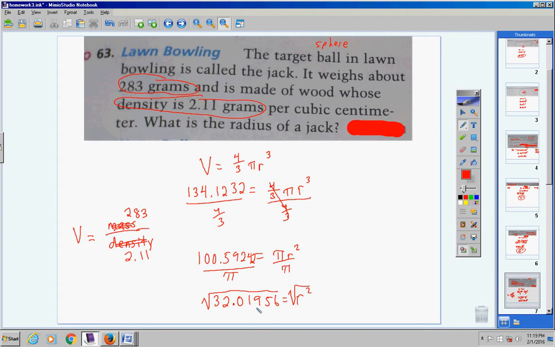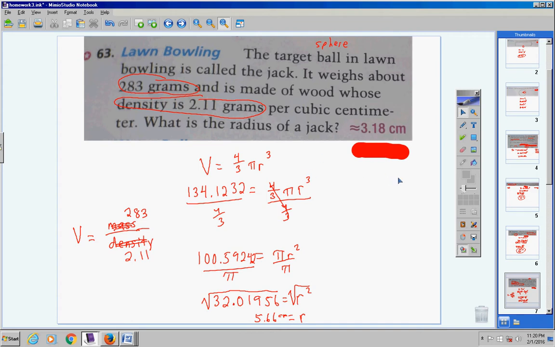By the way, do not put plus minus, because you're dealing with the length of the radius, and a length can never be negative. Now, when you take the square root of r squared, you're left with r, and the square root of this number here is 5.66. What we're dealing with is cubic centimeters, so it'll be centimeters. 5.66 centimeters.